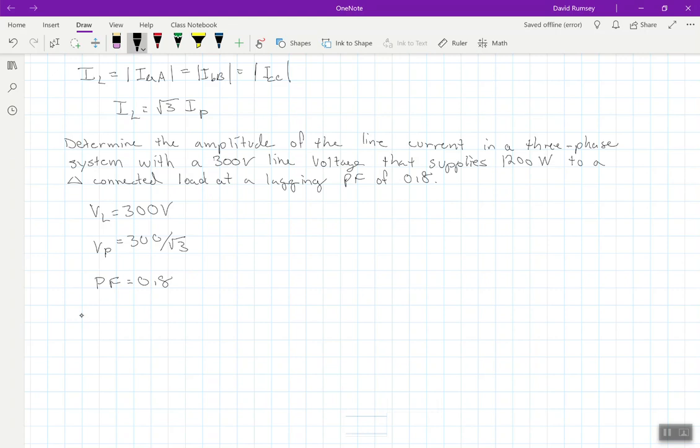But then we still have that the power per phase is equal to VL IL over the square root of 3 cosine of theta. So we know that power per phase here is 400 watts.